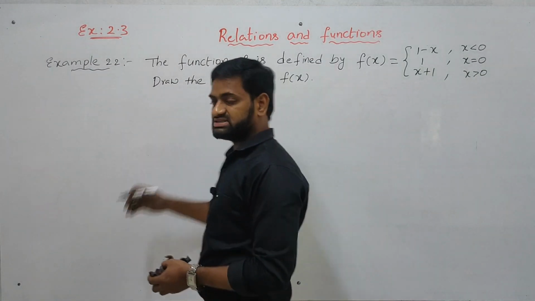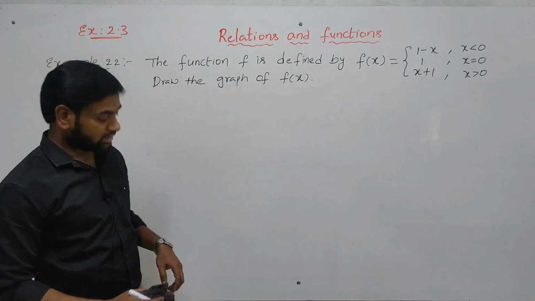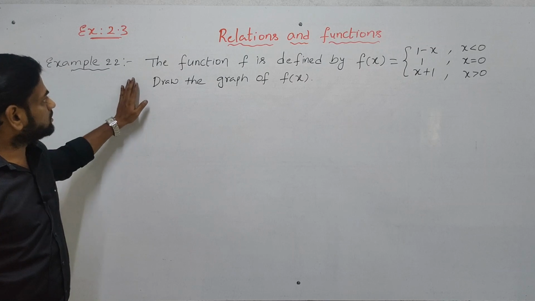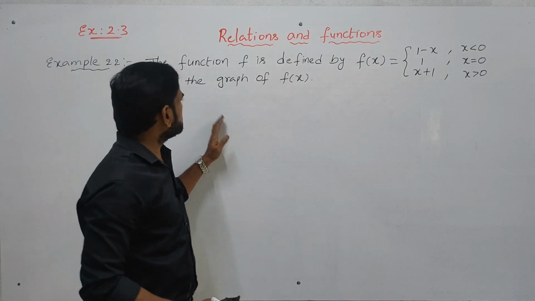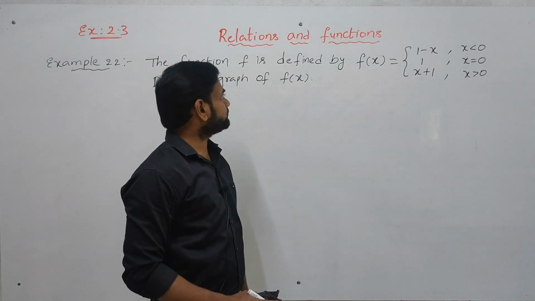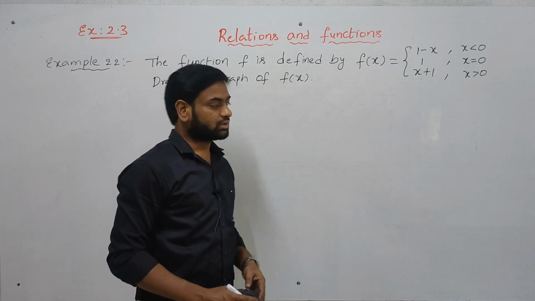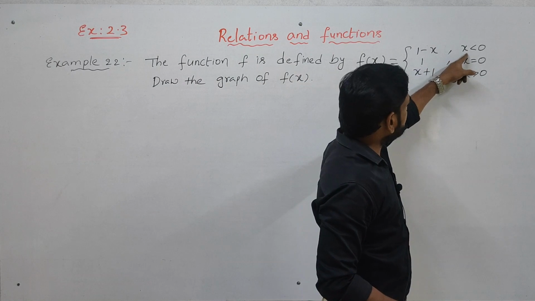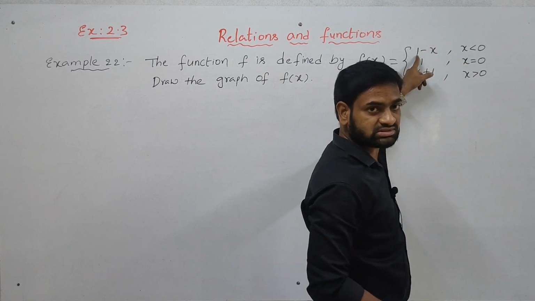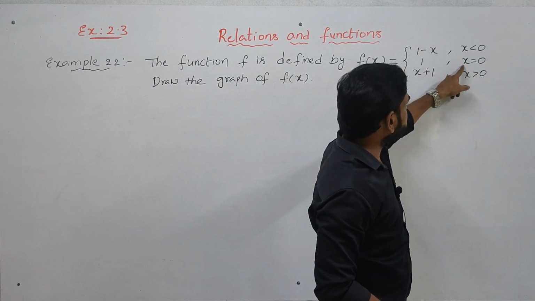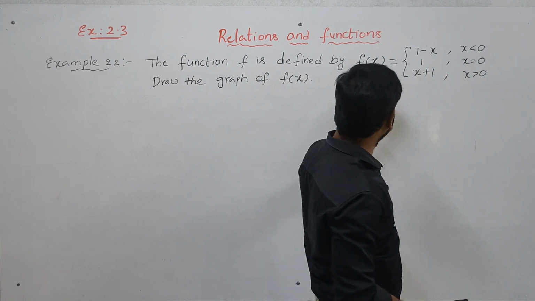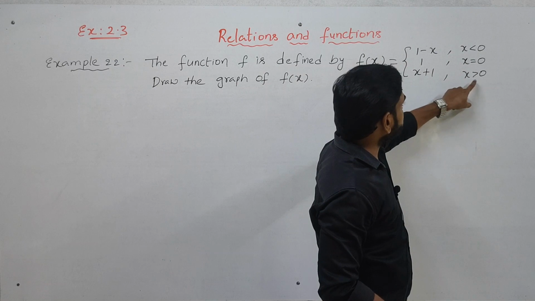Next, example 22. It is also a most important problem for 5 marks. See, the problem is: the function f is defined by f of x equal to 1 minus x when x is less than 0, f of x equal to 1 when x is equal to 0, and f of x equal to x plus 1 when x is greater than 0.